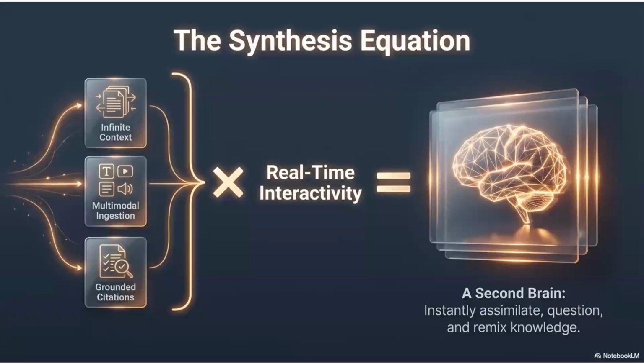So here we can see the synthesis equation. The first box talks about the infinite context. If we are using the free version, 50 source items we can put into the notebook at a time.